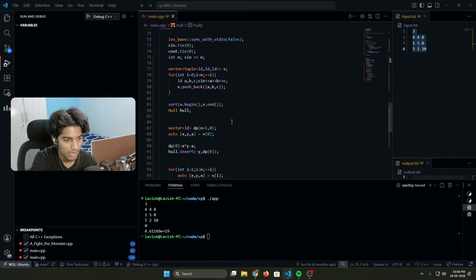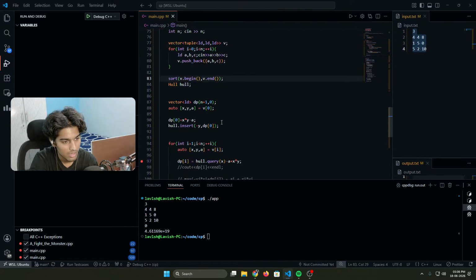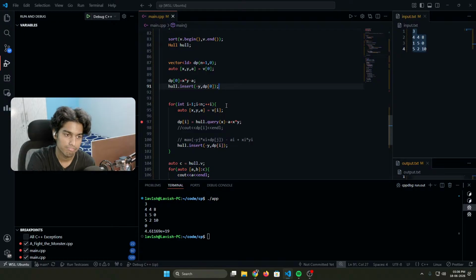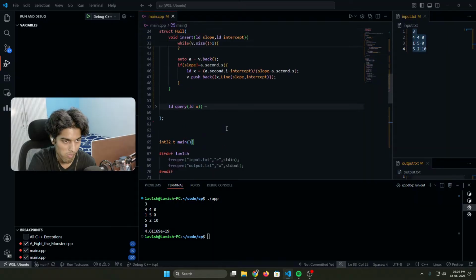I absolutely don't have to do this. Wait, it's fine, I believe. So I have negative Y and DP0. Ah, it's okay. That is going to be the answer for DP0. So.